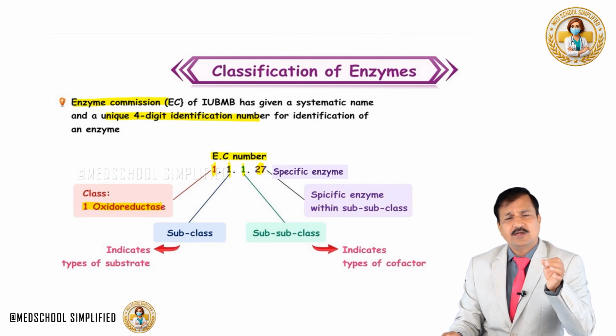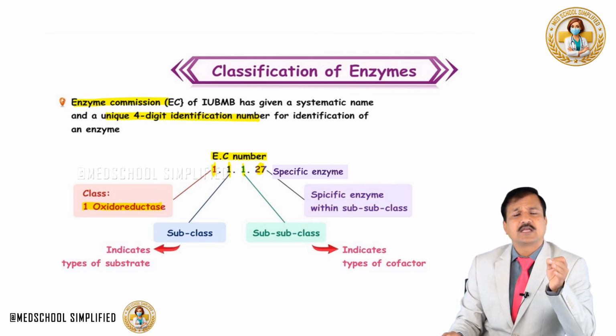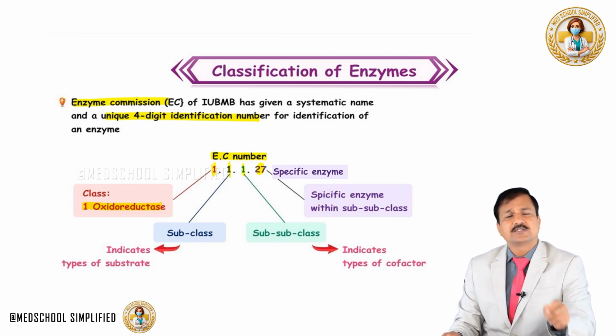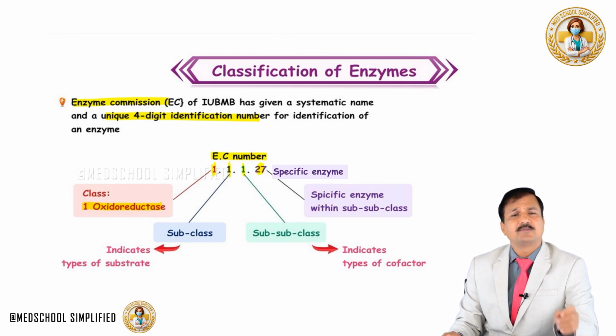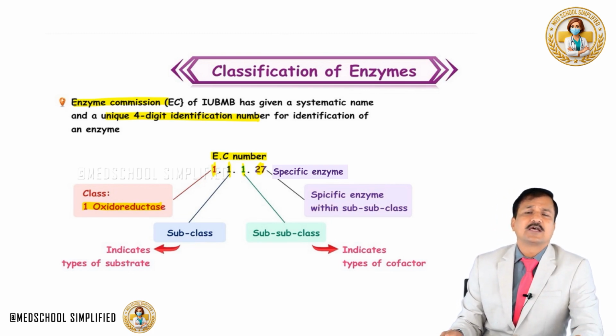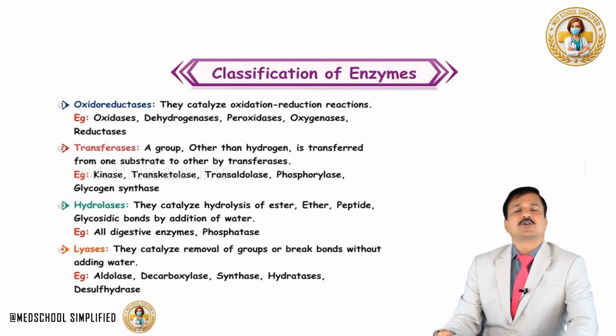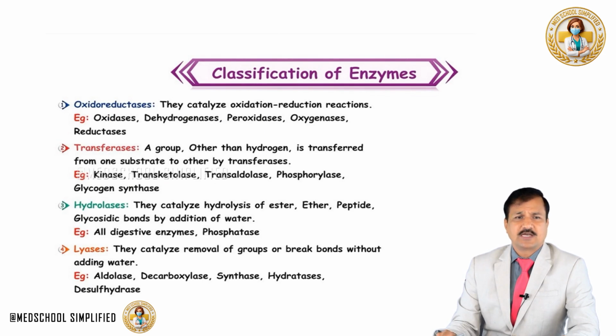So the number 1 in that 4-digit is the class of an enzyme, number 2 indicates the subclass, number 3 indicates the sub-subclass, and number 4 indicates a specific enzyme within that subclass. Now let's look at the classification of enzymes. Enzymes are classified as oxidoreductases, transferases, hydrolases, lyases, isomerases, and ligases.